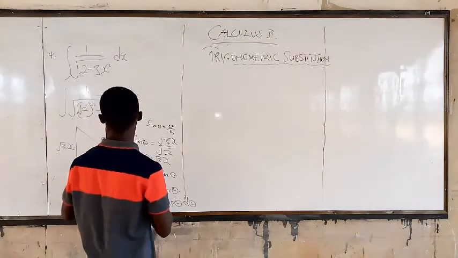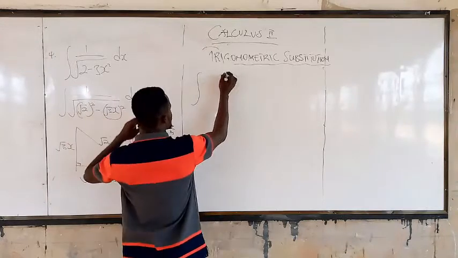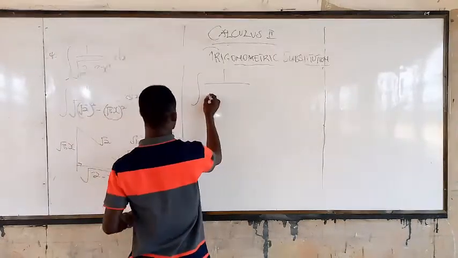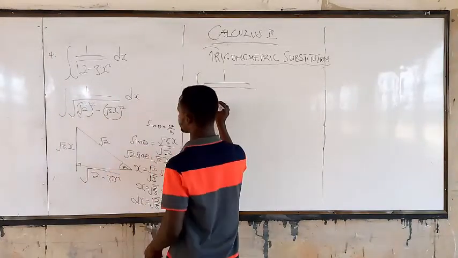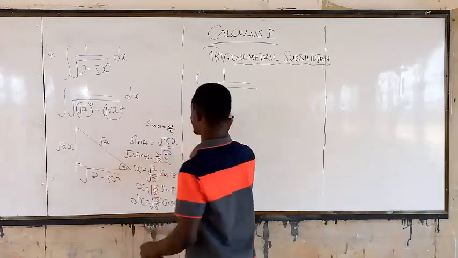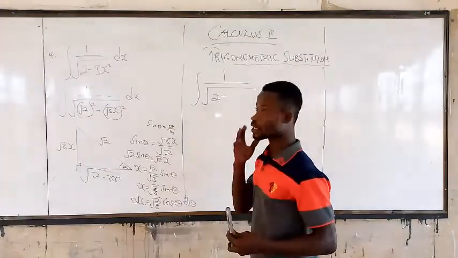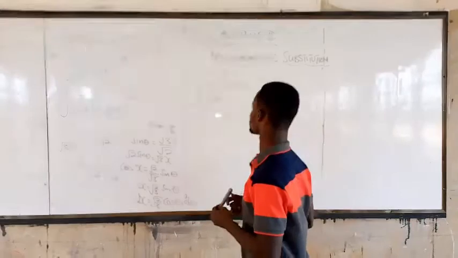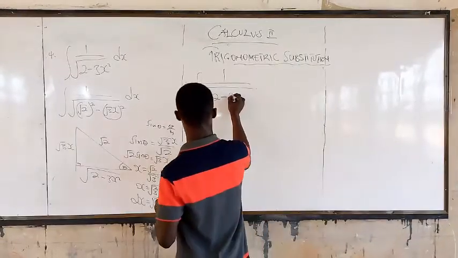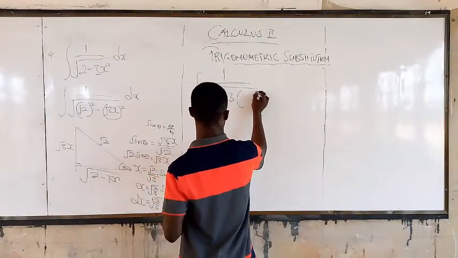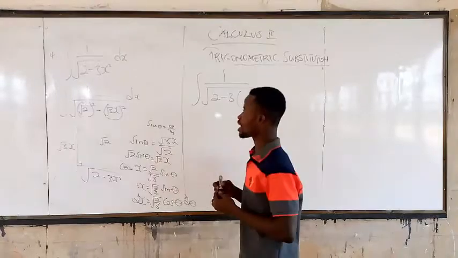So let's go and do substitution into this. 1 over square root of 2 minus, okay, 2 minus, here we get 3. What do we have for s?